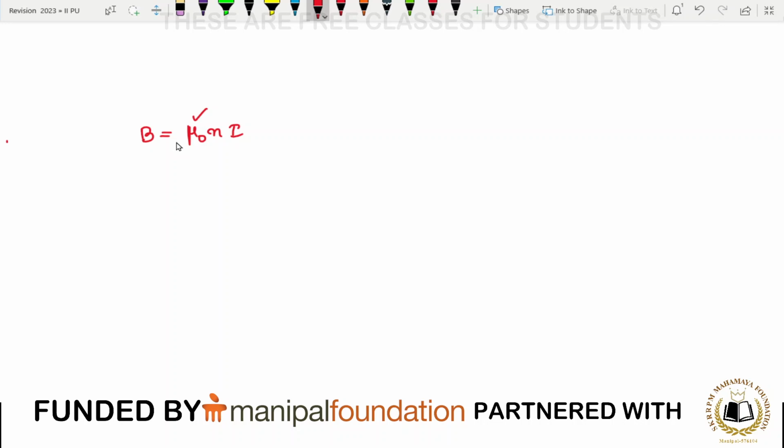And some other questions: when the charge is moving perpendicular to the magnetic field, the path traced is circular. When theta is 0, the path traced is a straight line. When theta is neither 0 nor perpendicular, in between, the path is helical. So these are the questions that come under moving charges and magnetism.